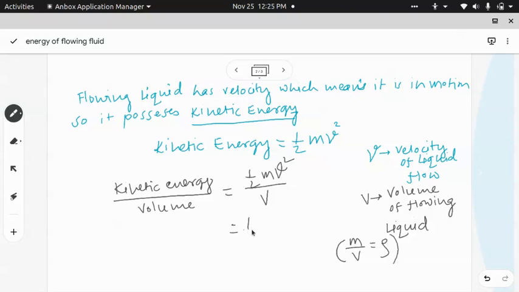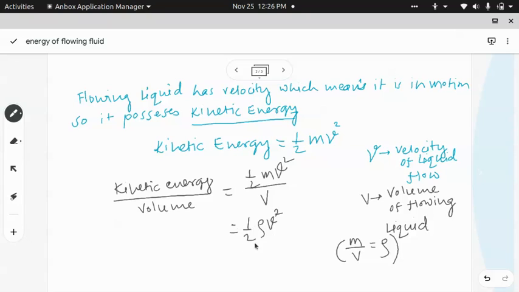So 1 half, mass upon volume is density, into this v square. Means you will get kinetic energy per unit volume of a liquid flow equal to 1 half rho v square.